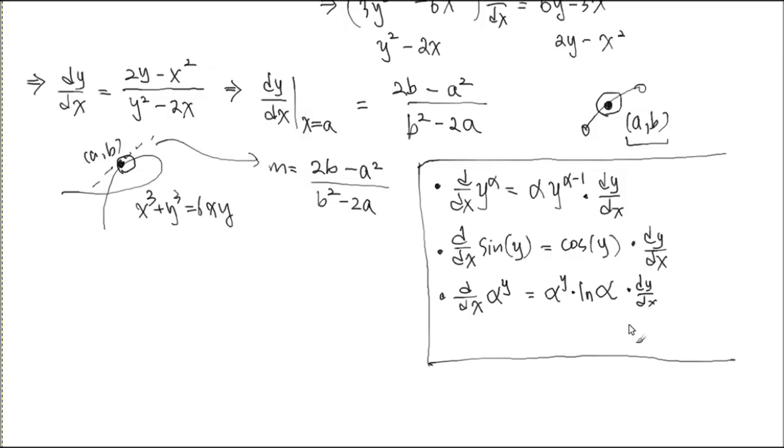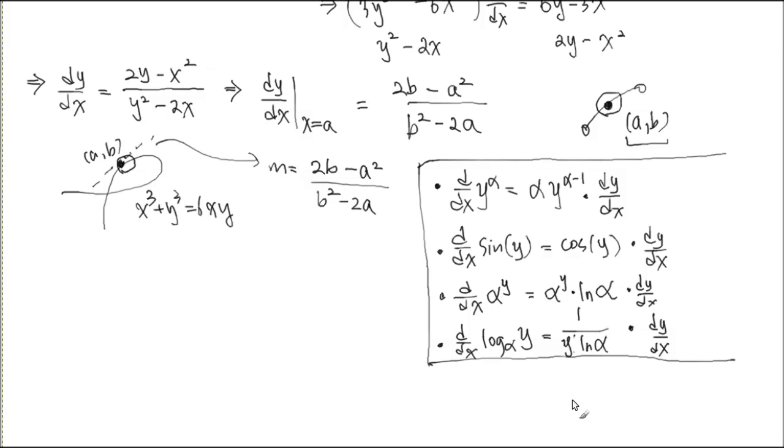All right. What's the last one? Log base alpha of y, right? Then you differentiate it with respect to y first. 1 over y, ln alpha, multiplied outside by dy/dx. Sorry about that.